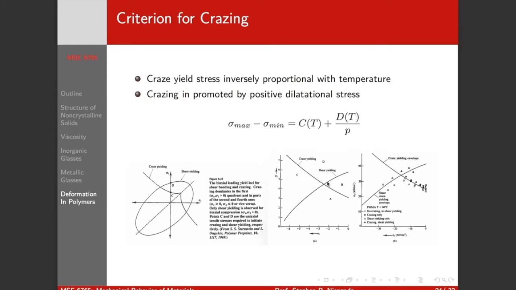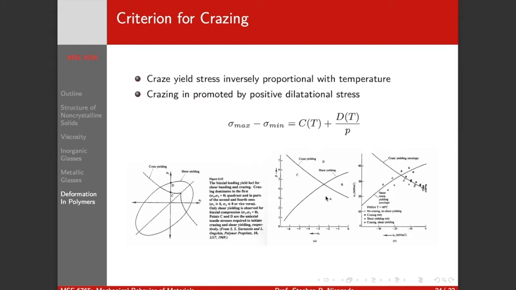Out here, I exceed both crazing and shear yielding, so that means I'm out here somewhere, or out here somewhere. In this region, I'm within my shear envelope, but outside my crazing envelope, so I'm in this region here, so I'm going to fail by crazing.